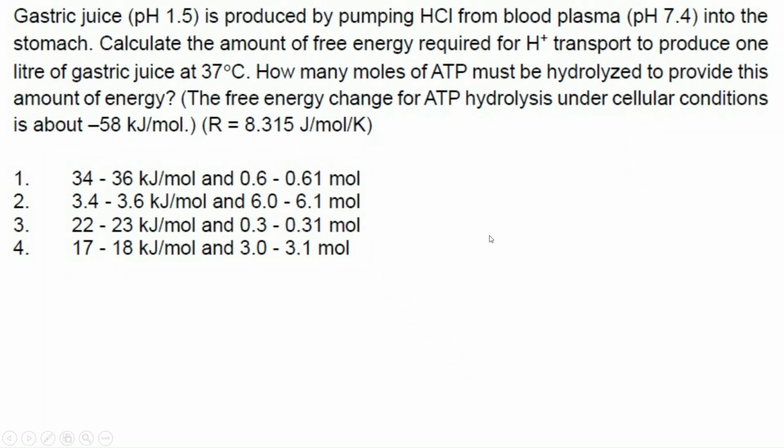Now, the transport of H plus against the concentration gradient, that is from the blood plasma to the gastric juice, is a process of active transport. And for active transport, the free energy change will always be positive, because the energy is required to transport the ions against their concentration gradient.